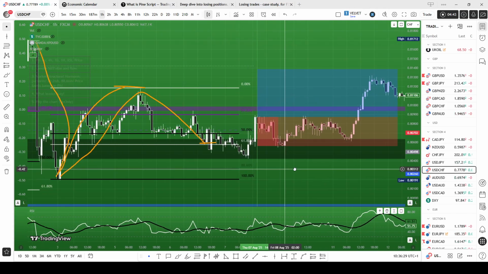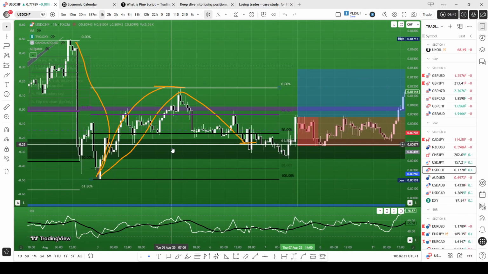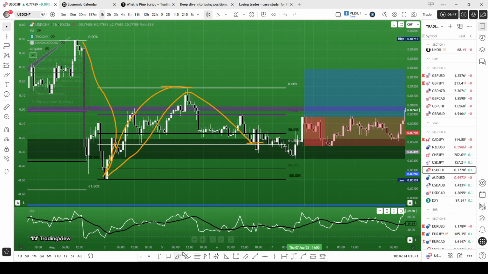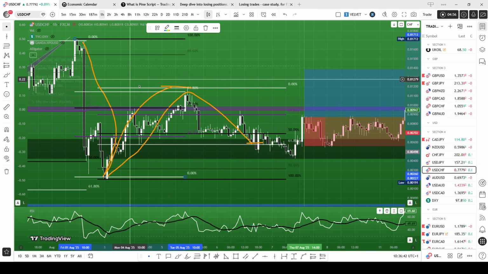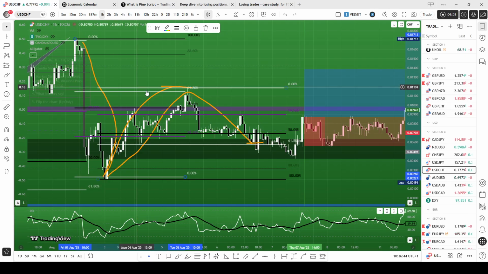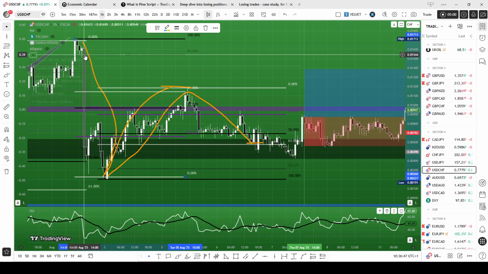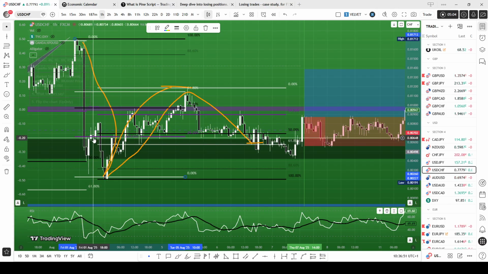But let's look at this in a little bit broader range, and then we have a 61.8 retracement, almost perfect, given only this huge imbalance candle, which was actually out of place compared to the other ones.